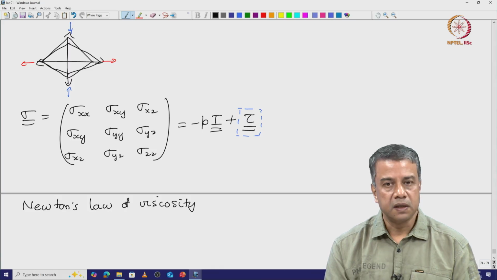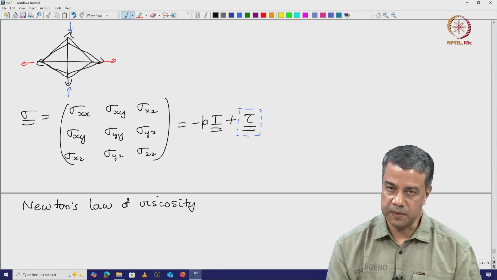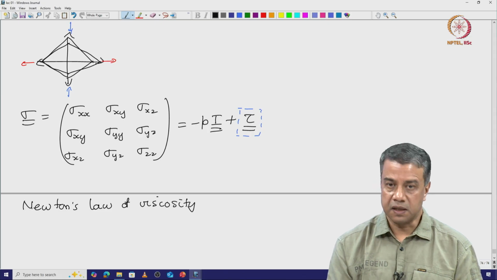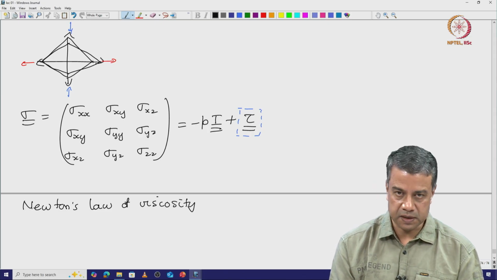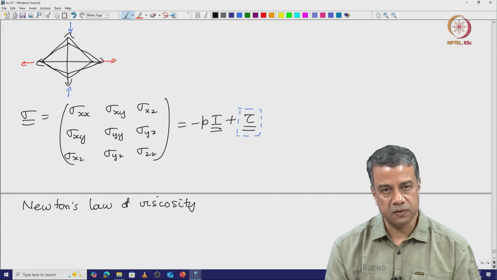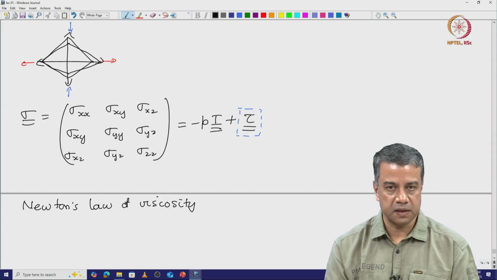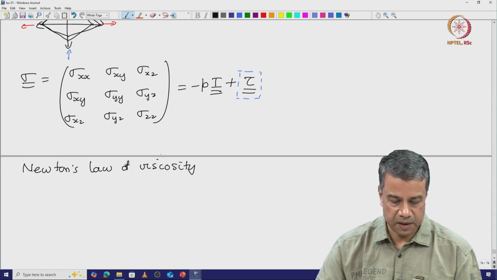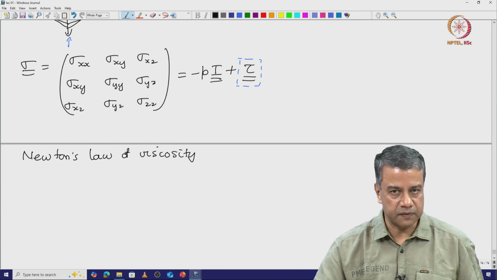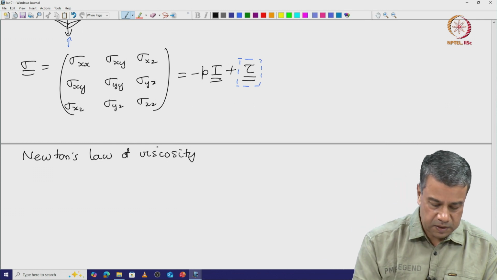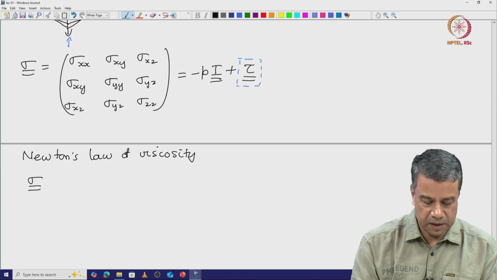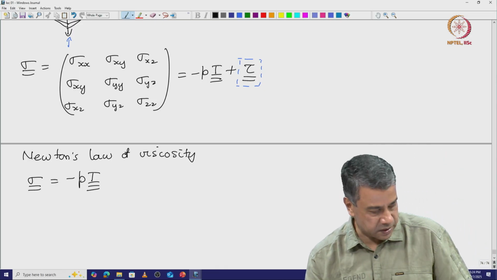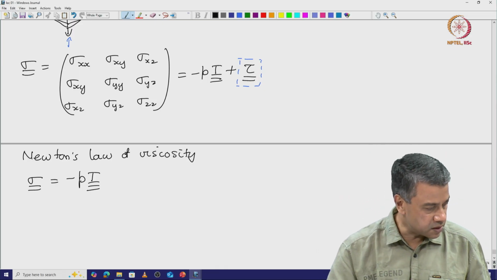The stress is symmetric, and we know that the antisymmetric part of the rate of deformation tensor does not cause any stress because it is solid body rotation, and in solid body rotation there is no deformation of the object, that is, there is no change in extension or compression of material elements. So, therefore, the stress cannot depend upon the antisymmetric part of the rate of deformation tensor. So, it can only depend upon the symmetric traceless and the isotropic part of the rate of deformation tensor. So, that is Newton's law of viscosity.